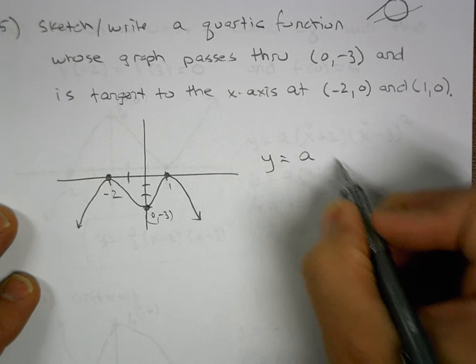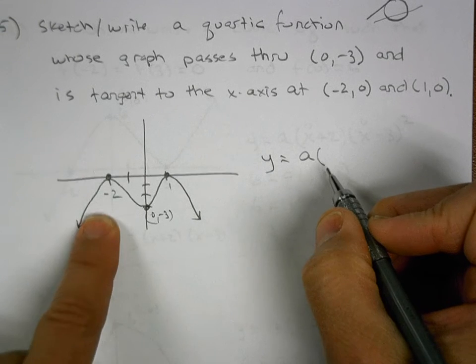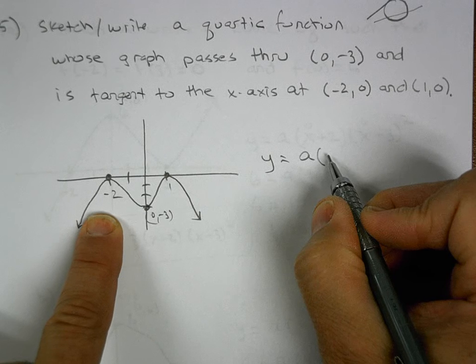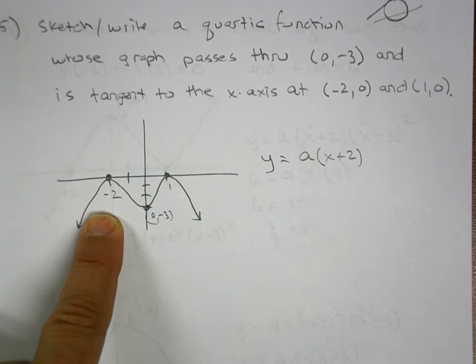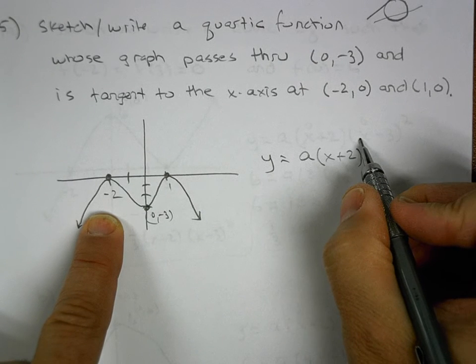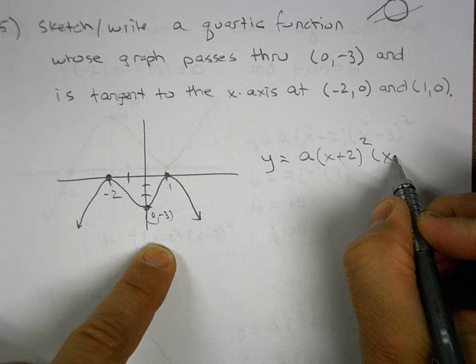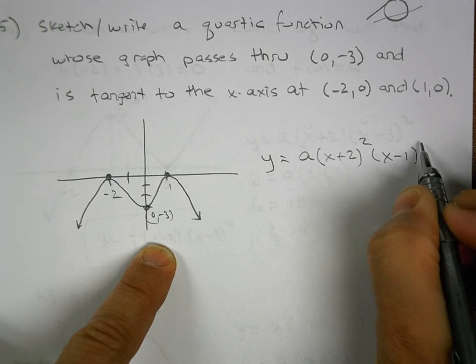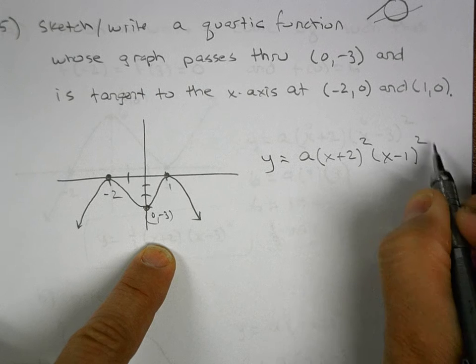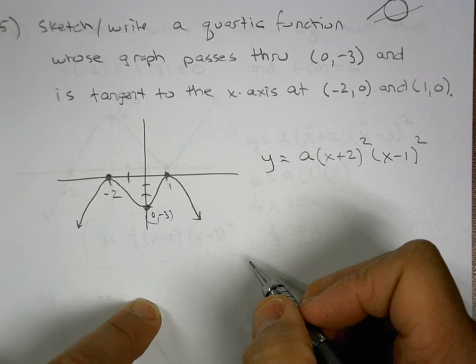So A times, let's write the equation. X plus 2 squared times x minus 1 squared. There we go. Plug in your numbers and we'll get the A value.